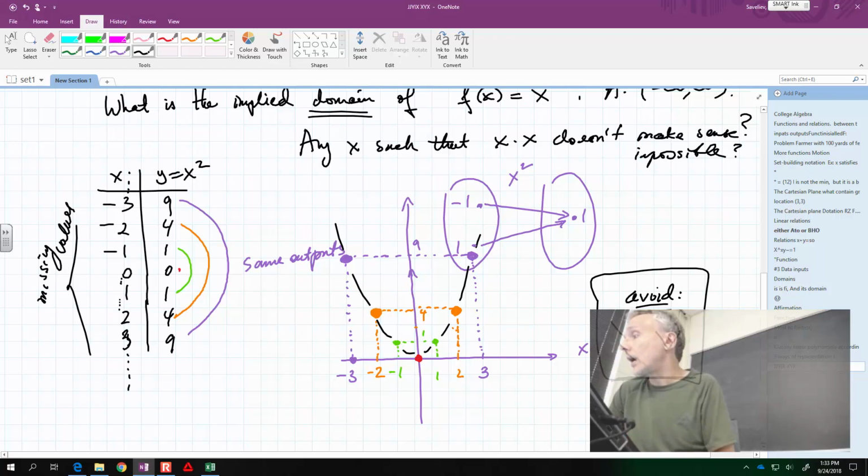So why is this important? Probably worth mentioning. Think about motion. If our function represents motion, and this is a function that does represent motion. As a matter of fact, if you're dropping an object from a high place, that's how it will roughly develop. It will be going slow and faster and faster and faster. So if we are representing motion with our function, then avoiding those events that I plotted on the right makes sense, because the first one is what?